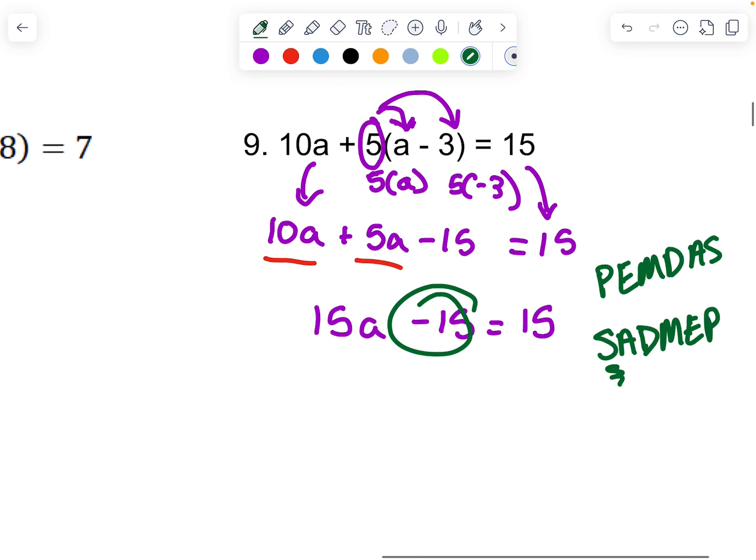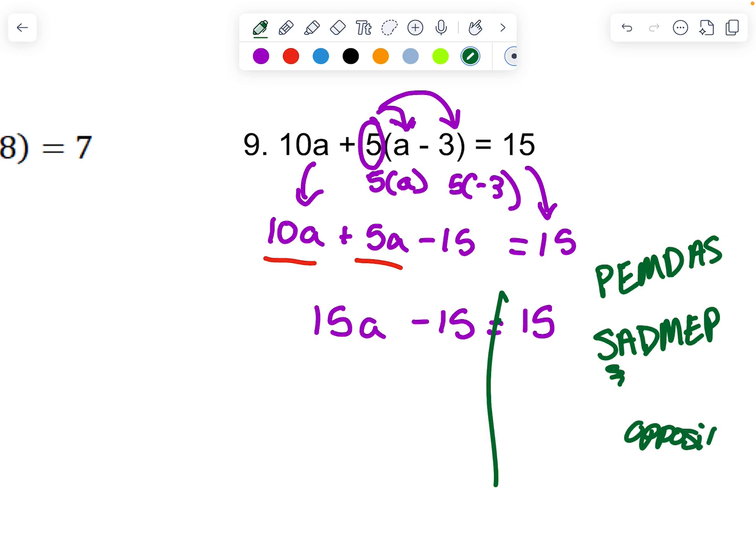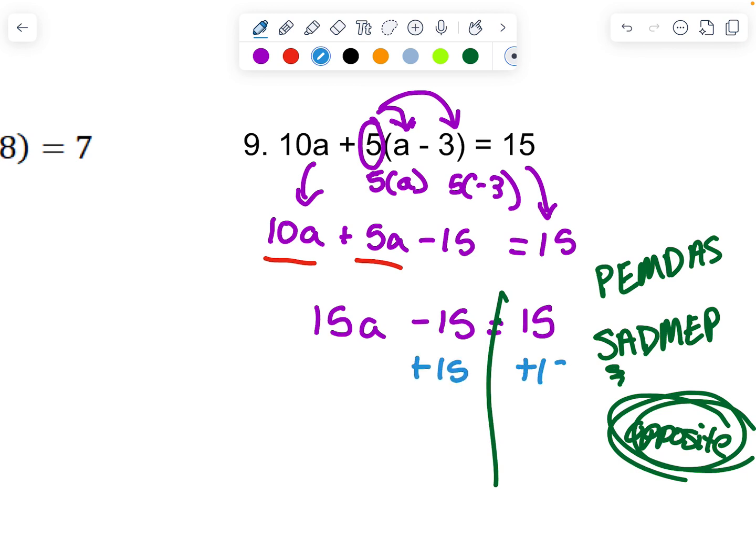I have subtraction right here, so that is the first thing that I'm going to look at. But remember, we are always doing the opposite in order to undo and get the variable by itself. So I am going to add 15 to both sides. -15 plus 15 is 0. So on this side, I'm left with 15A.